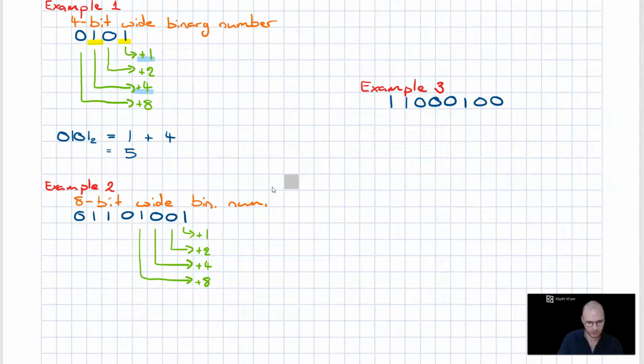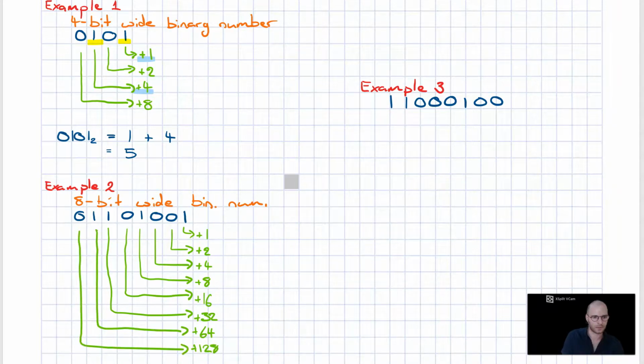And perhaps you've started to see there's a pattern emerging with these plus numbers. If I've gone plus 1, plus 2, plus 4, plus 8, every time I go up, they're doubling. So if the last digit was plus 8, then the next one's going to be plus 16, plus 32, then plus 64 and 128.